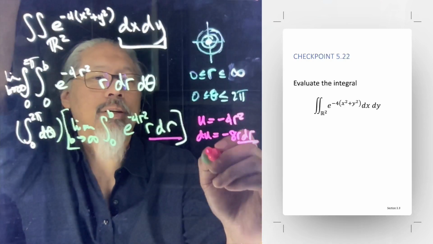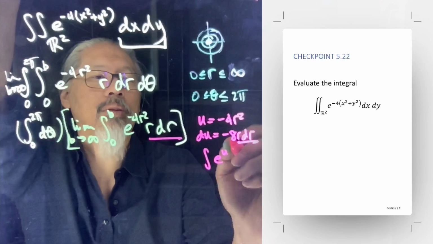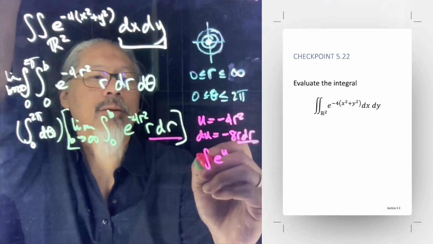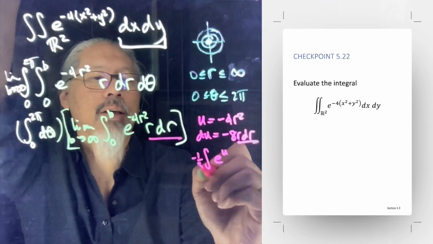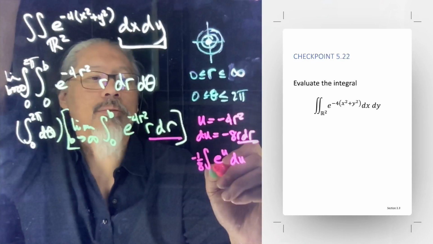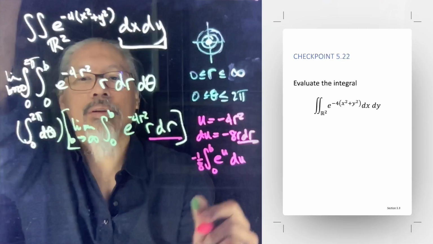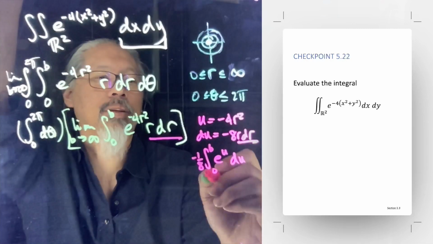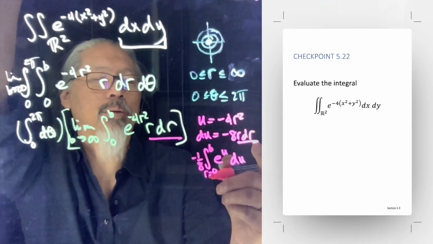So this will be an integral of e to the u times negative 1/8, and we're gonna go from 0 to b. These are still r limits, even though we're in u right now.